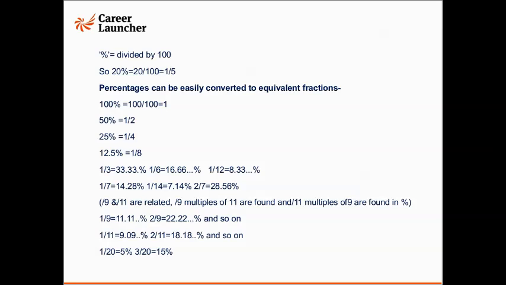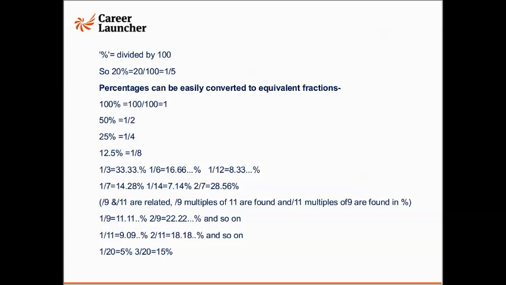And 8.33%, which is again half of 16.66%, is 1 by 12. 1 by 7 is 14.28%, correct? If we divide it by 2, we'll get 1 by 14, 7.14%. Now instead of dividing by 2, we can also multiply by 2, so we'll get 2 by 7, that is 28.56%, right?